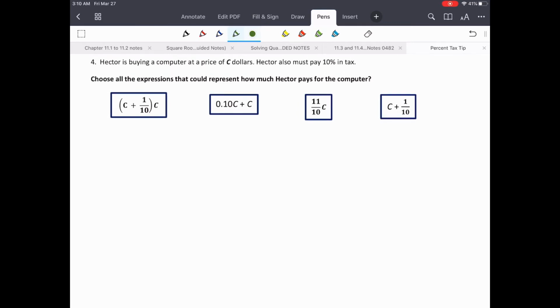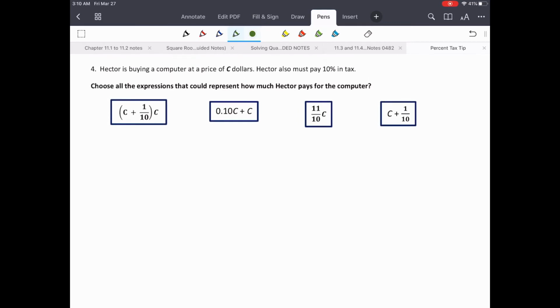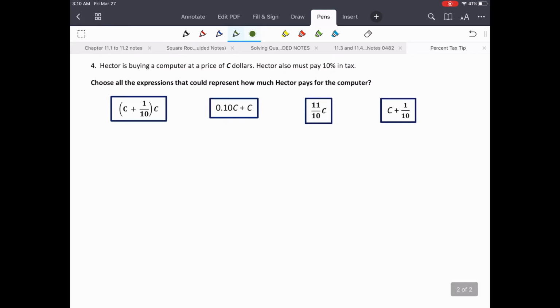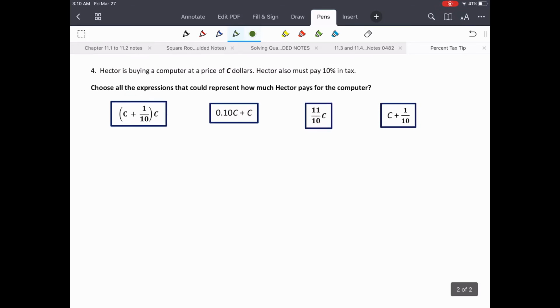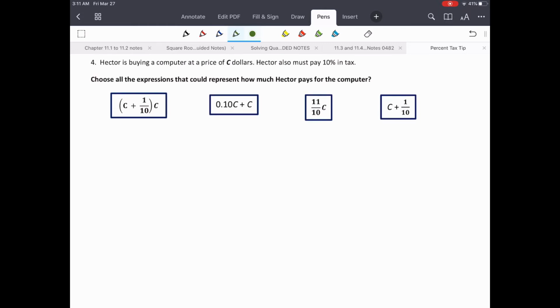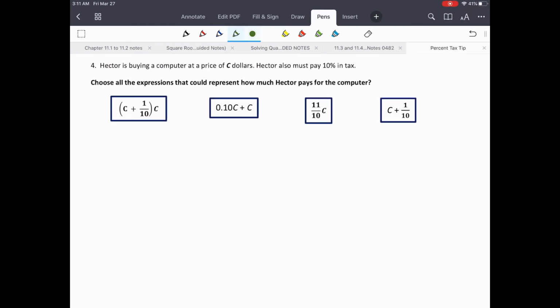Okay, on number 4, I noticed on the Khan Academy, a lot of you missed this problem or didn't quite answer it fully. I'm going to give you some tips on what you should do when you encounter these kinds of problems. This one says Hector is buying a computer at a price of $C. We're not sure what the price is, and really it doesn't even matter.